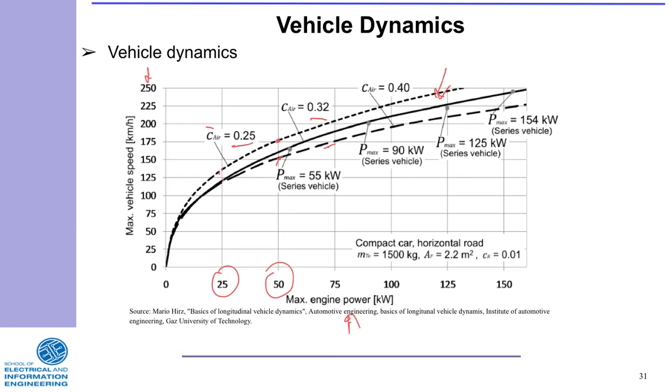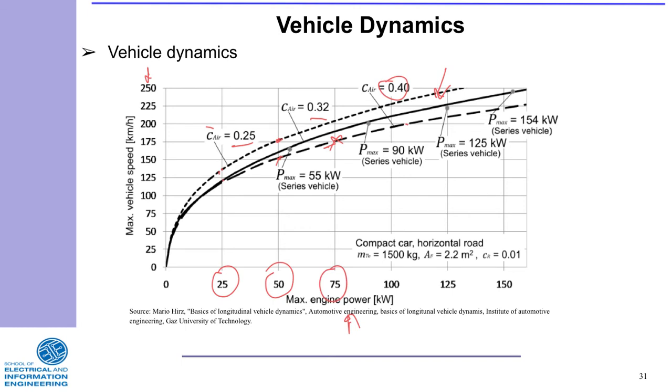And as you can see, this one has a bigger resistance, 0.4. So that's just a curve to show you that for this vehicle, with this kind of air resistance, 0.40 shape factor, to reach that speed of 175 kilometers per hour, it will have to be at 75 kilowatt.